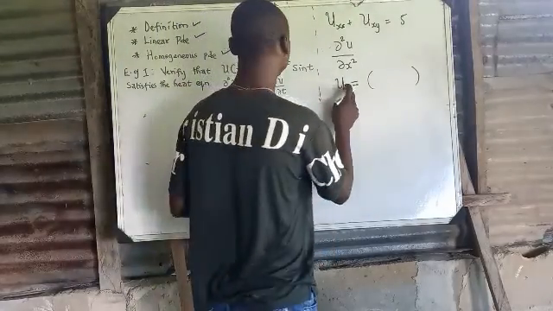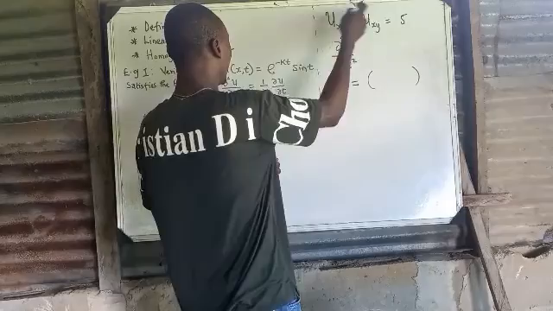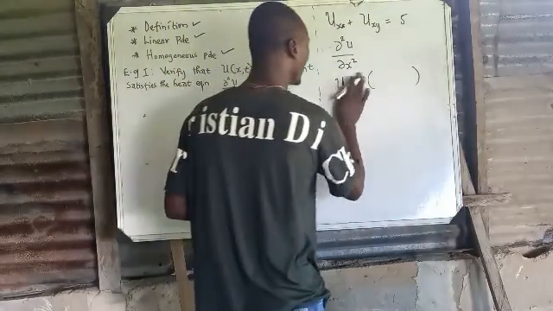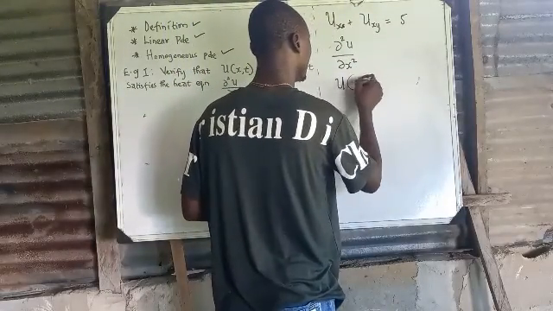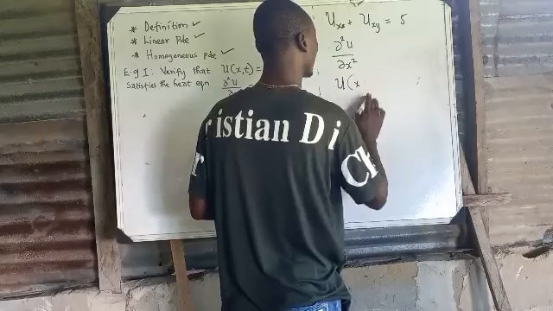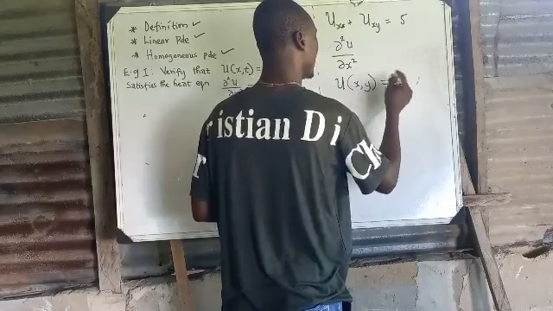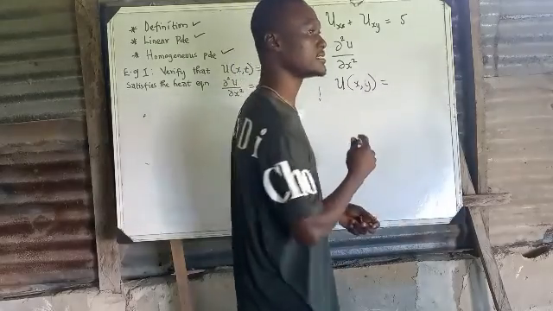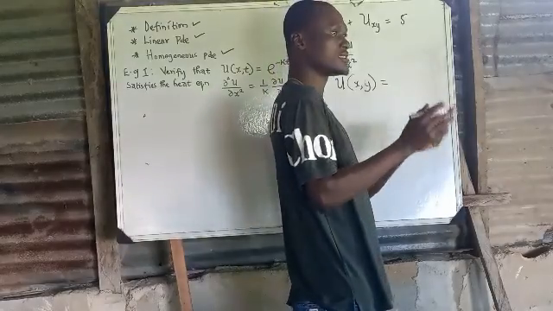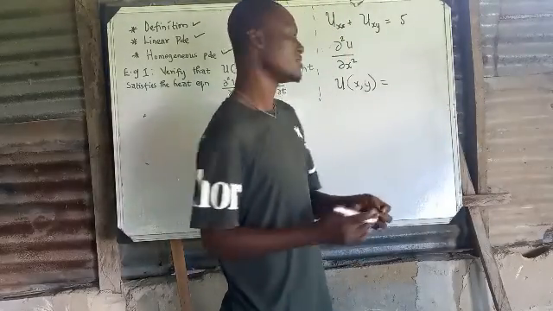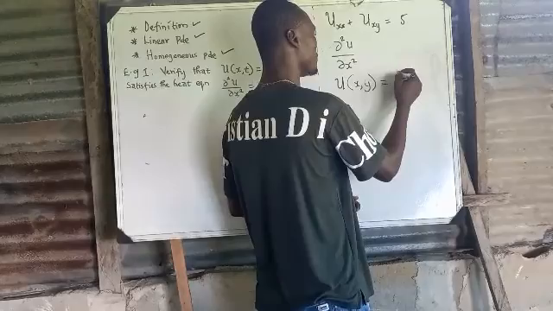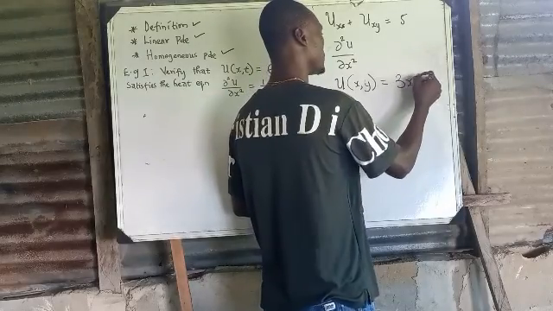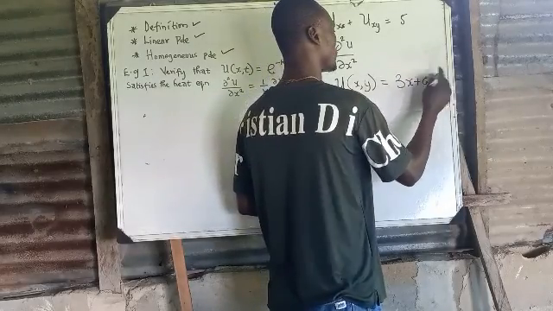Now, this u depends on x and y, meaning that whatever you get is written in terms of x and y. That is, the answer could be 3x plus cos xy.